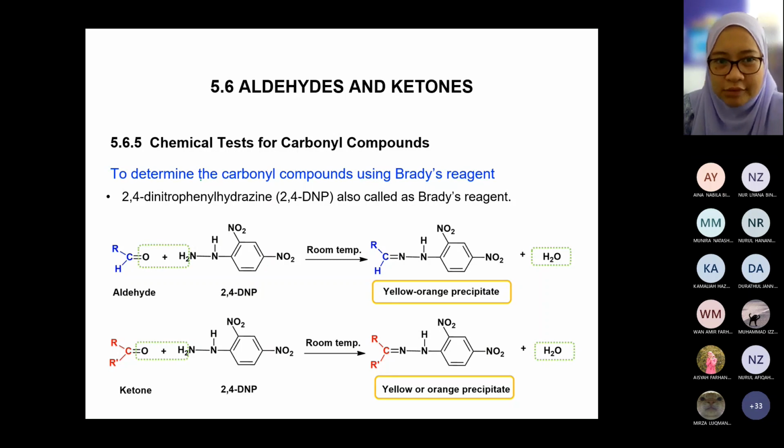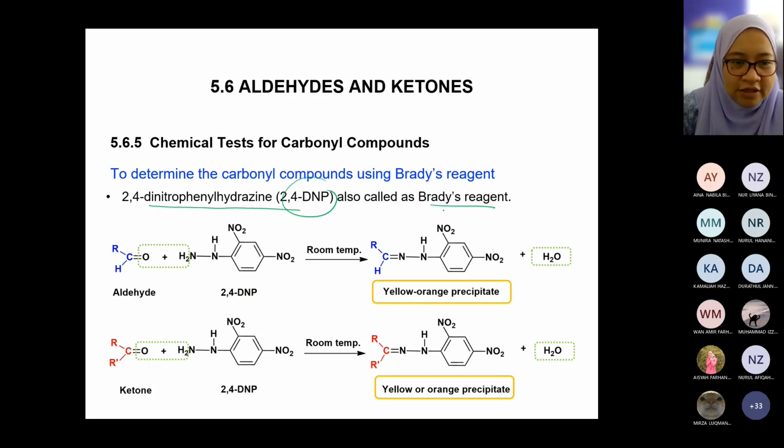Okay. To determine the carbonyl compound using Brady's reagent. Okay, so Brady's reagent is this 2,4-DNP in short. So this is called Brady's reagent. Okay, 2,4-DNP. So kalau soalan cakap reaction apa nama with DNP, it is also known as Brady reagent.